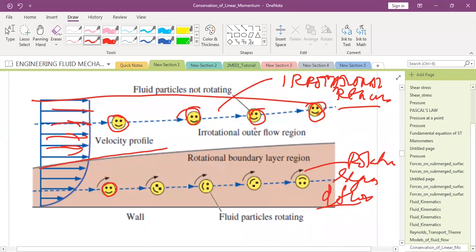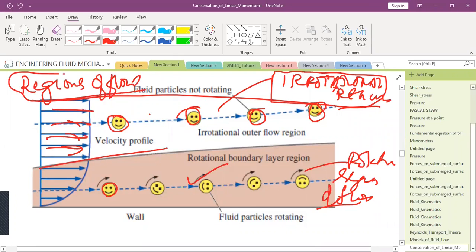Any doubts? So again, you can have distinct regions. In certain regions there will be rotational effects, and in certain regions there will be negligible rotational effects, and you can call them irrotational regions of flow. We'll come to this in detail later. But as far as today's lecture is concerned, you should always keep in mind, we only have regions of flow.